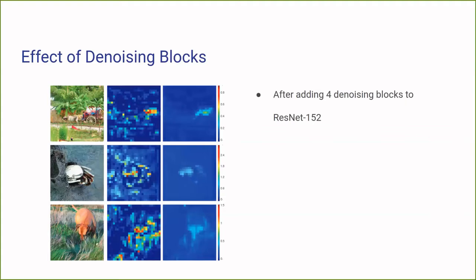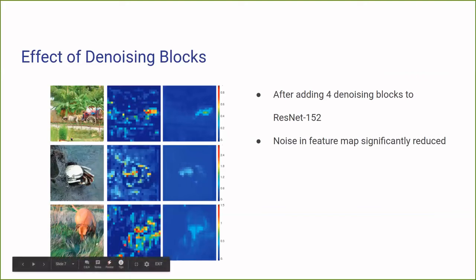So as we can see here, the first column is the perturbed images, and the second column is the feature map of those perturbed images. And as you can see, again, there are a lot of regions that are activated which are not related to the object. And then the third column here is the denoised feature maps.